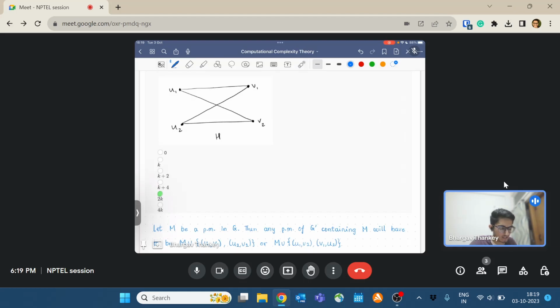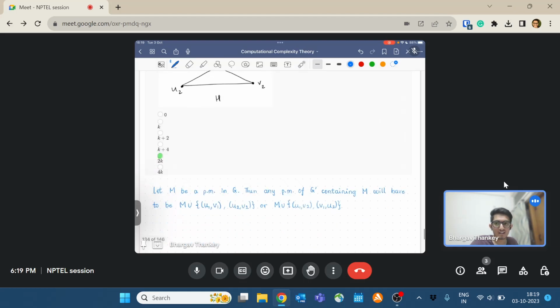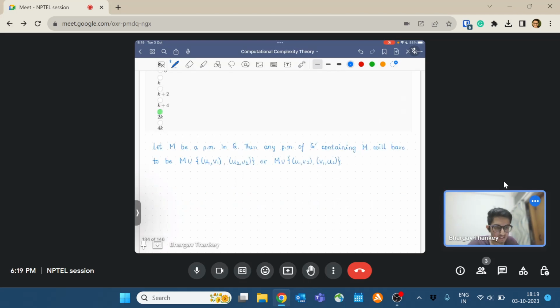Now I'm claiming that the only way to get a matching in G prime is by starting off with a matching from G and doing this. And the reason is that there are no edges between vertices in G and vertices in H, right?